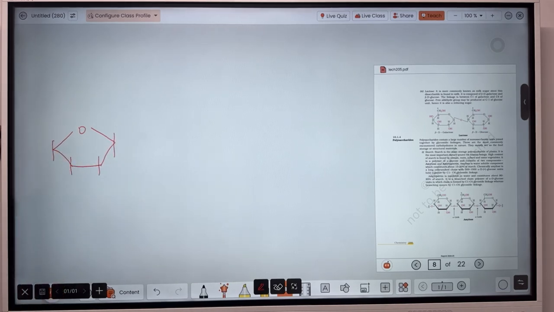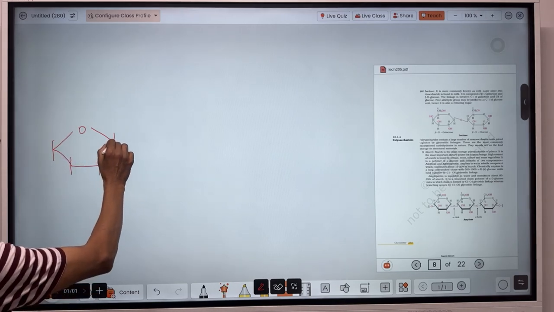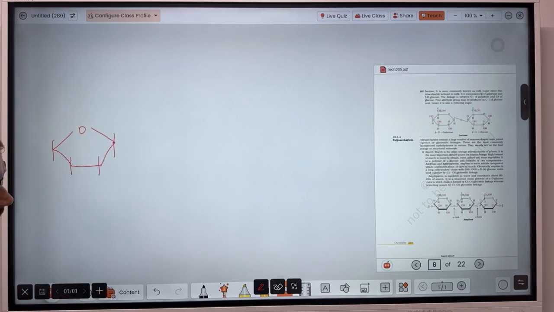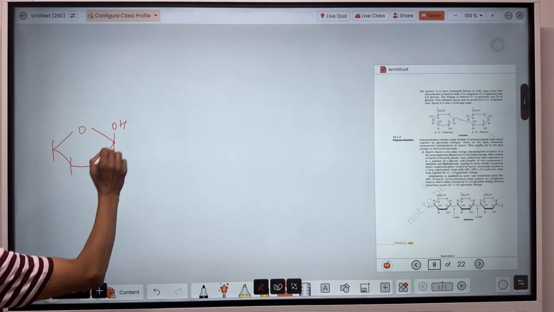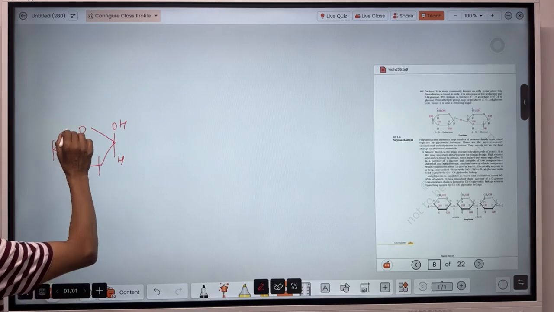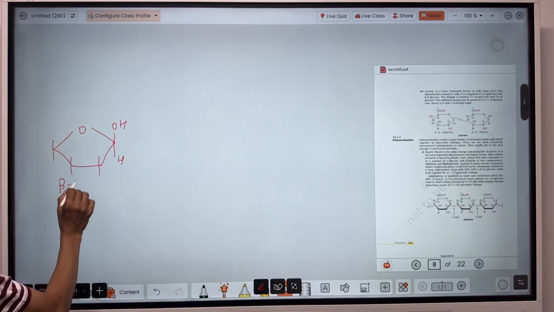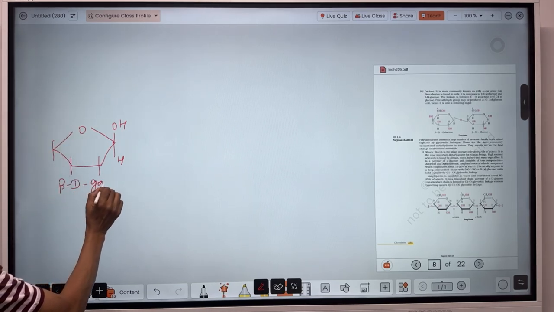Alpha or beta, you know: if OH is below at the first carbon atom, then alpha, and if OH is above, then that is called beta. So here OH above, because you have to draw the structure of beta-D galactose.